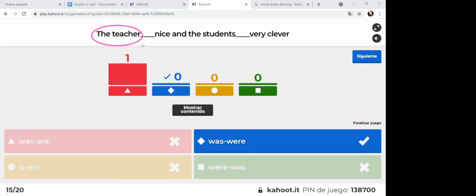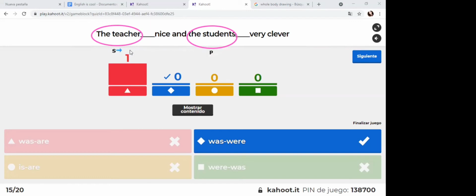One. Only one, exactly, the teacher. What about the students? Singular or plural? Plural, exactly. So in this case, for example, we have the teacher, singular. The students, plural.